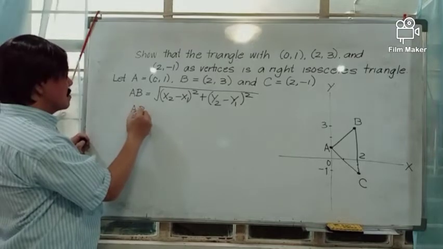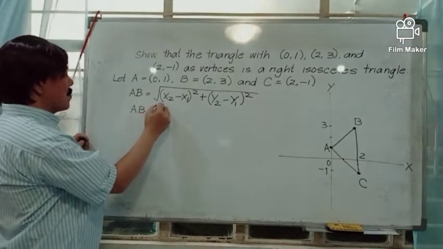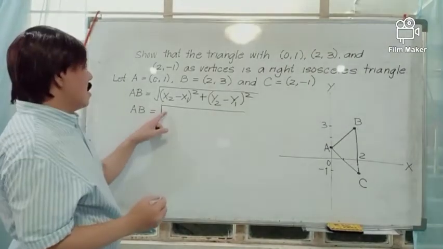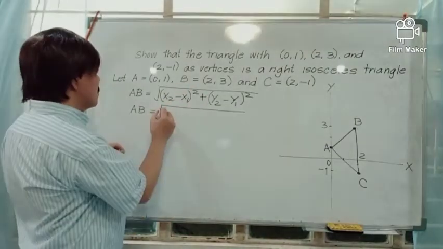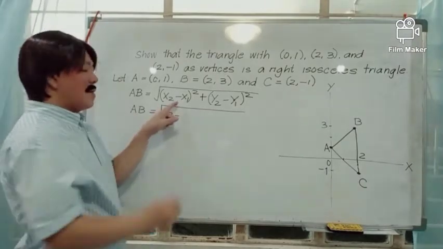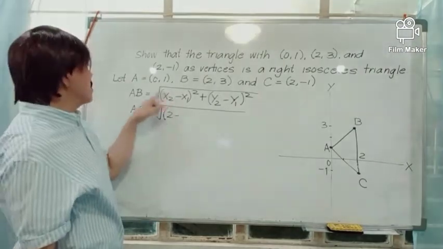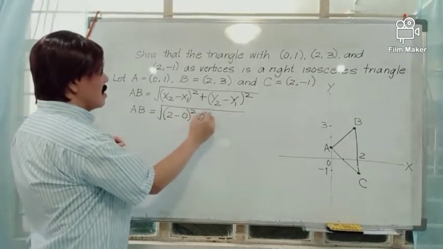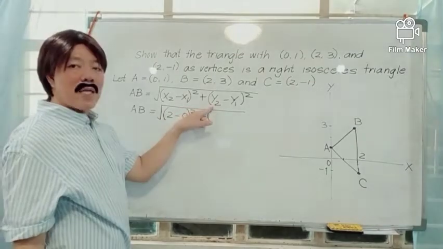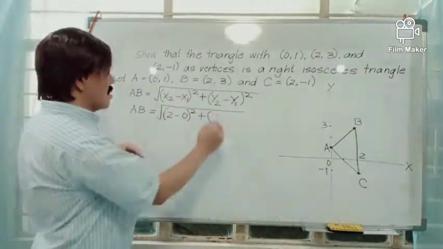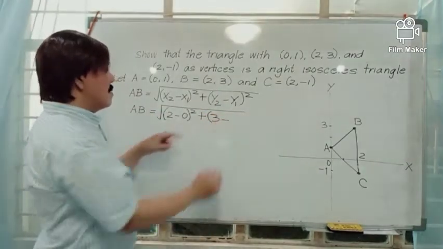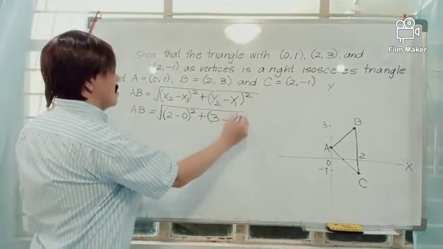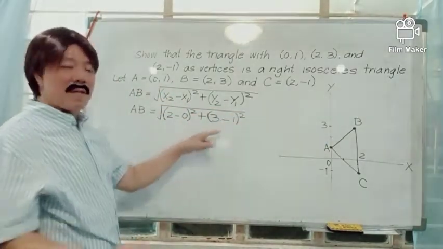AB is now equal to the principal root of x2, which is 2, minus x1, which is 0, to the power 2, plus y2, the ordinate of B, which is 3, minus the ordinate of A, which is 1. And we simplify the right hand side.